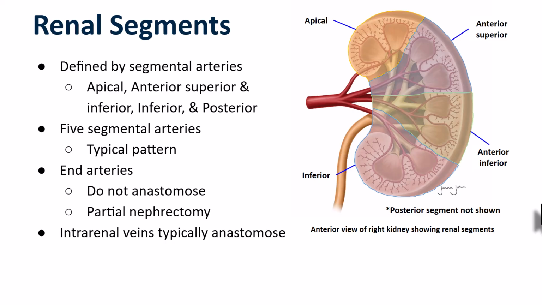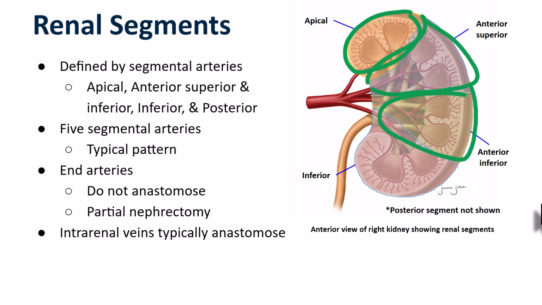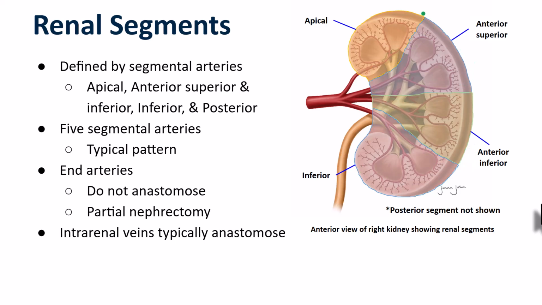So let's begin with the renal segments. There are 5 renal segments: the apical, the anterior superior, the anterior inferior, the inferior, and then a posterior segment, which would roughly align with the anterior superior and inferior.